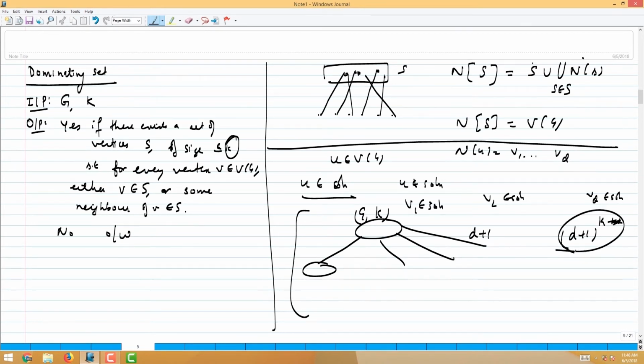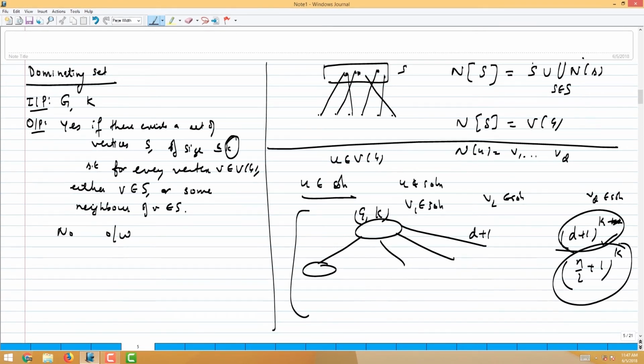If D was small, like some constant, then this is an FPT algorithm. But for example, if there is a vertex whose degree is n by 2, then D will be n by 2. This will only give you an (n by 2 plus 1) power K algorithm. This is not an FPT algorithm, because in an FPT algorithm, this thing should be a function of K alone. It cannot be a function of n.